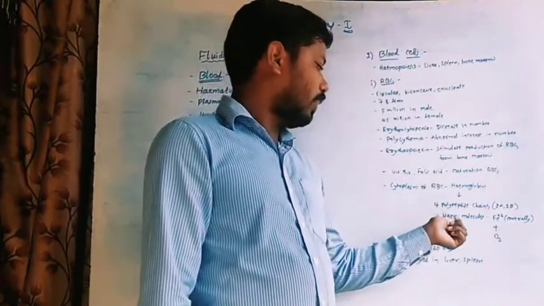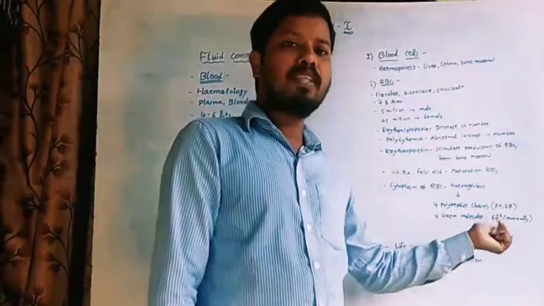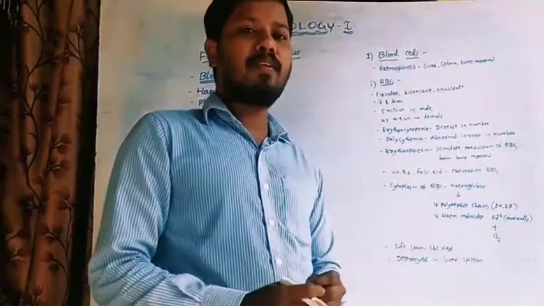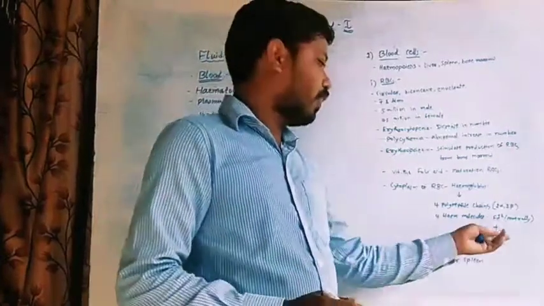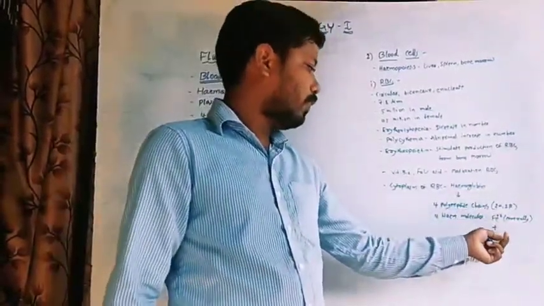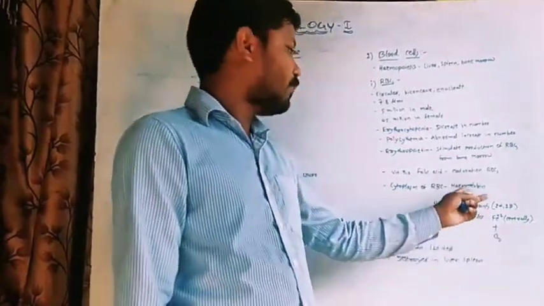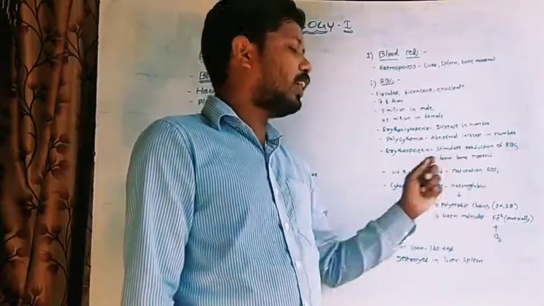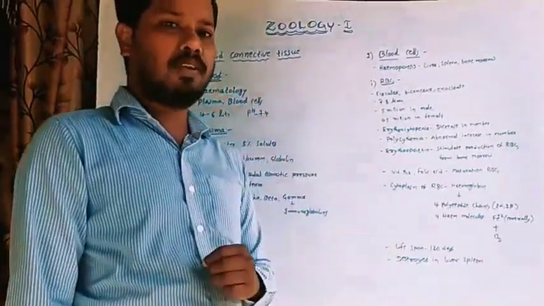Each ferrous molecule binds with one oxygen molecule. Hence each hemoglobin molecule can bind with 4 oxygen molecules.